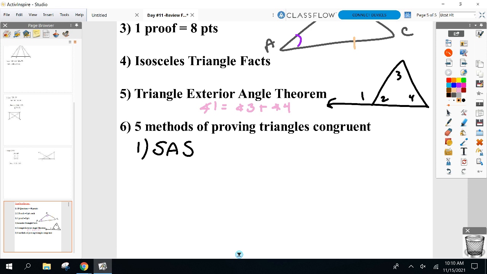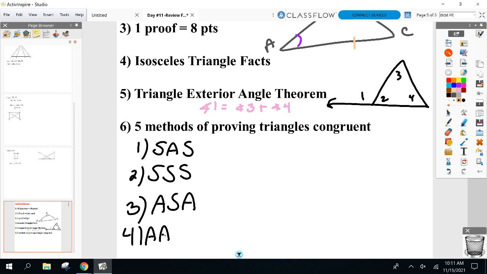We're not writing side-side-angle. Second method, all three sides congruent. Third method, angle, side, angle. What happens if the side's not in between? That's okay. And we said 5. Don't forget about it. Definitely don't forget about it tomorrow.